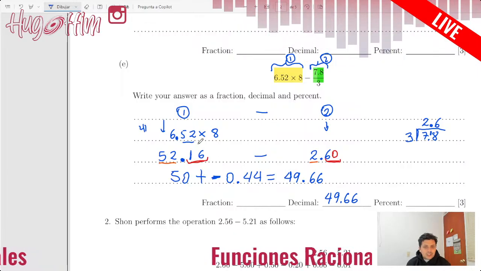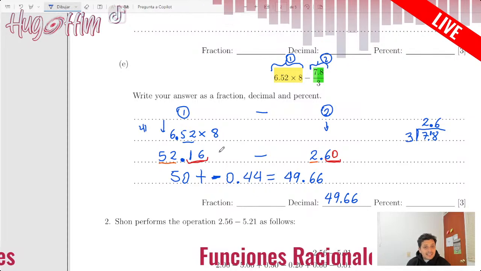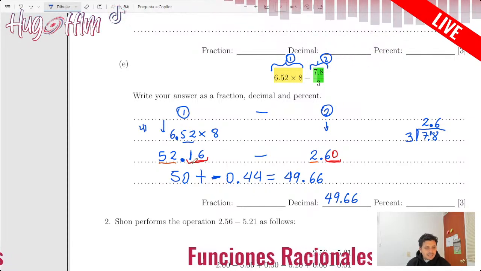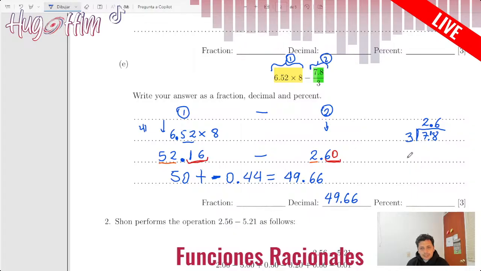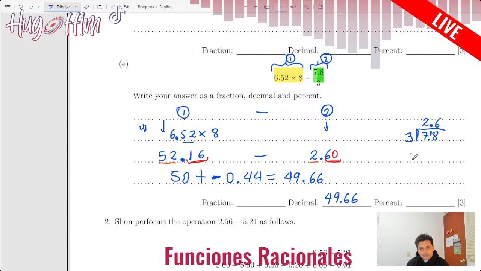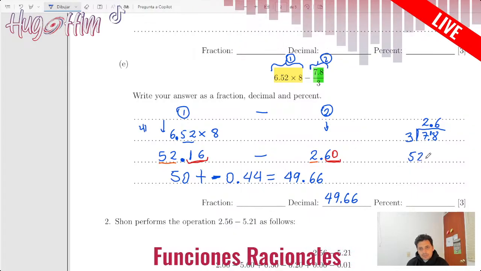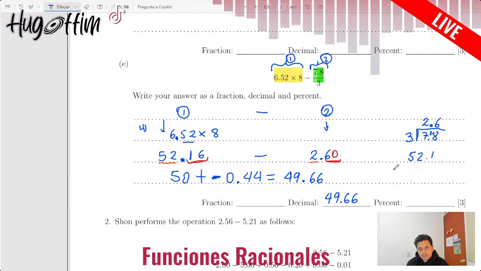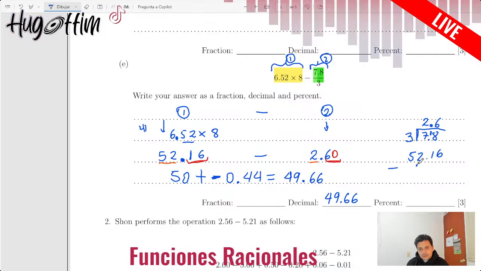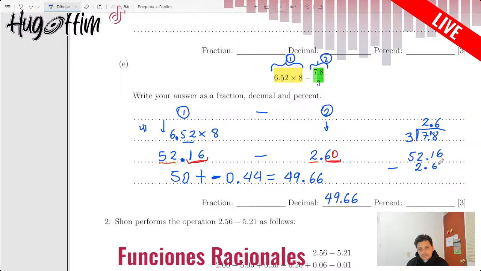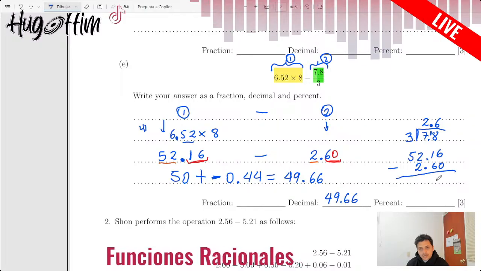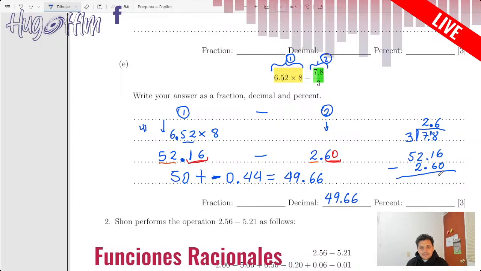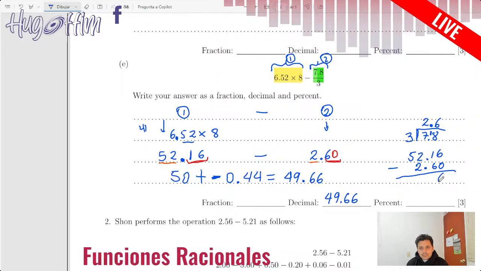Now, maybe you prefer to do it in column form. It's okay. Just be careful of which one has the highest value. In this case, the highest is the 52, so there's no problem. You can do it in column form just by putting 52.16 minus 2.60. So you can use column form to subtract. 6 minus 0, 6.